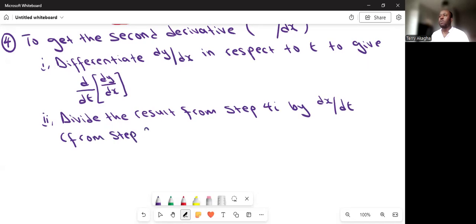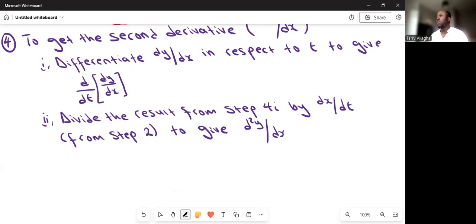So now this is going to give you the second derivative we're looking for. It's going to give us d2y over dx squared, all right? And that is how you get the second derivative.